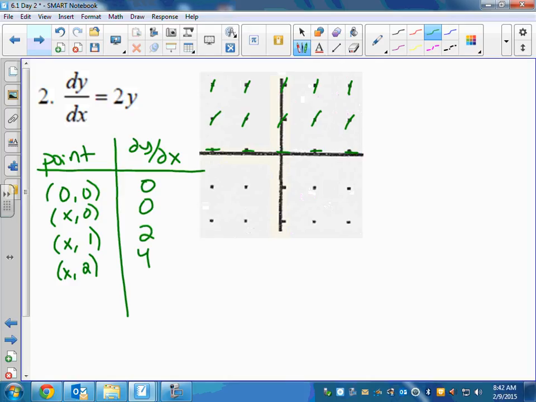What's going to happen on the bottom? Yeah, they're going to be negative now, right? Because it's -1, so at any x value, but when y is -1, we're going to get -2. And when y is -2, we're going to get -4, which means we're going to be going the other way. So that'd be like connecting these two lines.